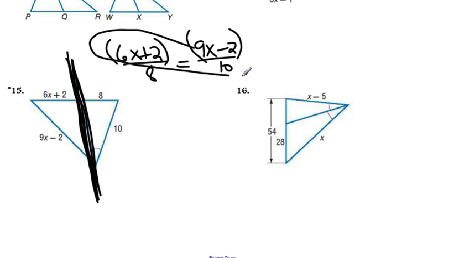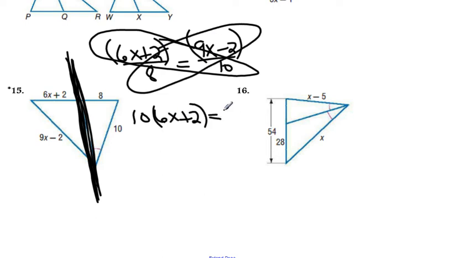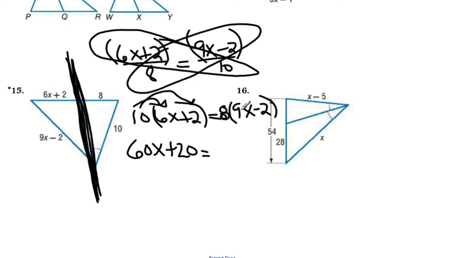Cross multiplying, we have 10 all times 6x plus 2, which equals 8 all times 9x minus 2. 10 times 6x is 60x plus 10 times 2, which is 20. That equals 8 times 9x, which is 72x, minus 8 times 2, which is 16.